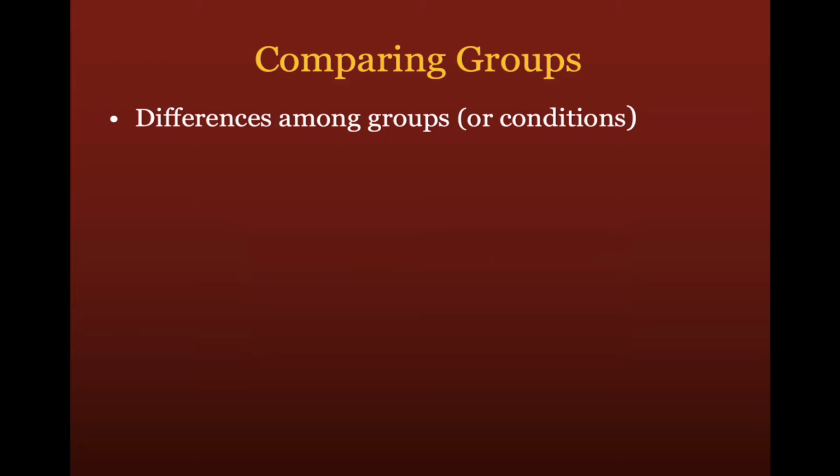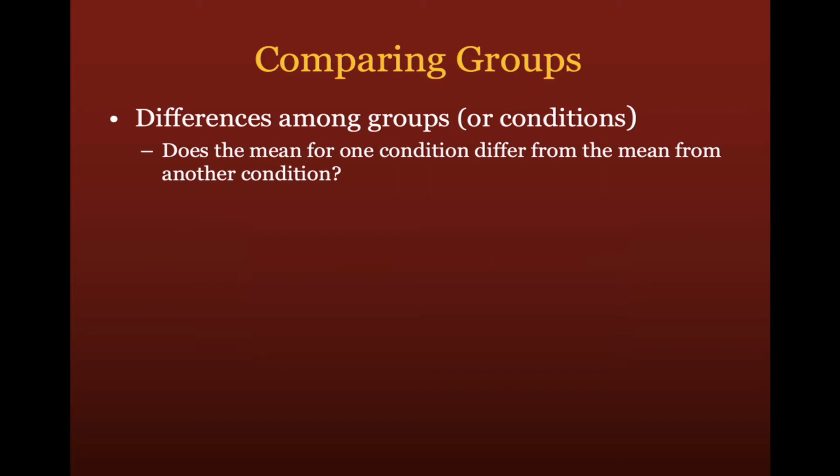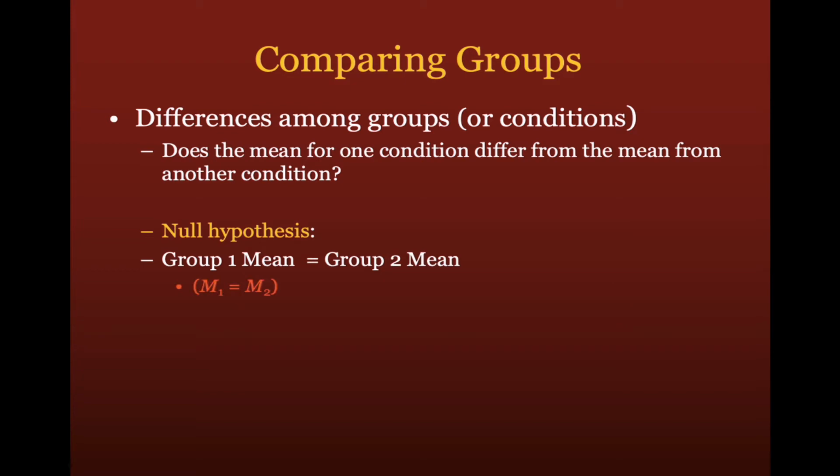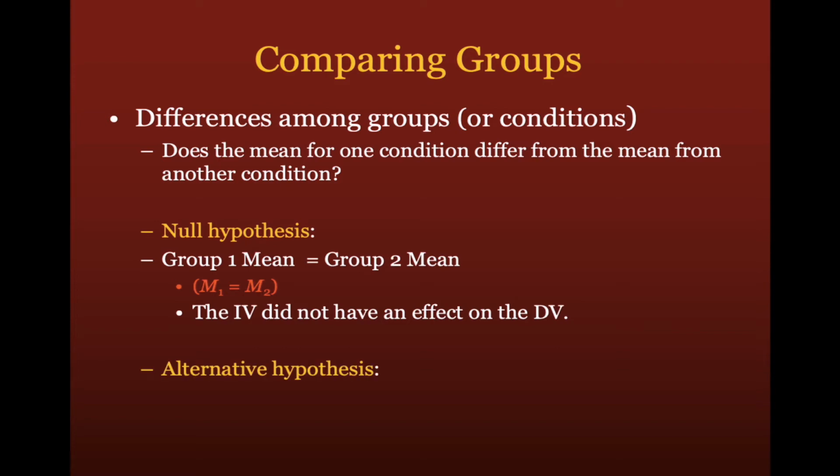So we have differences between our groups or our conditions, and that essentially is looking at whether the mean for one condition differs from the mean of another condition. The null hypothesis would say that the mean for one group was the same as the mean for the other group. So M1 equals M2. Again, that's saying that the independent variable had no effect on the dependent variable. The alternative hypothesis would be that the groups are not the same, so one of the two groups is higher than the other.